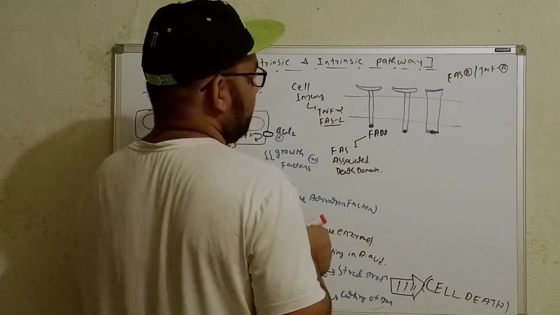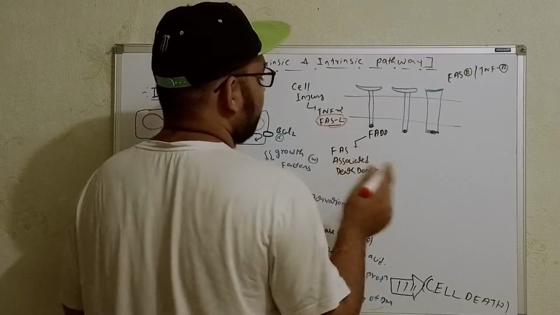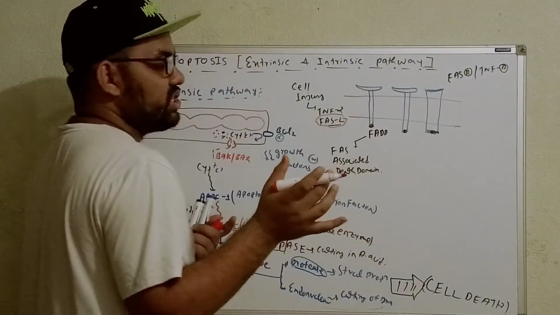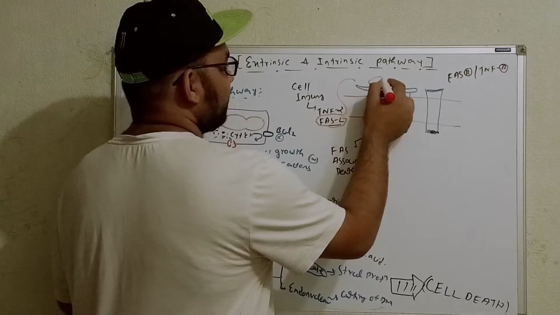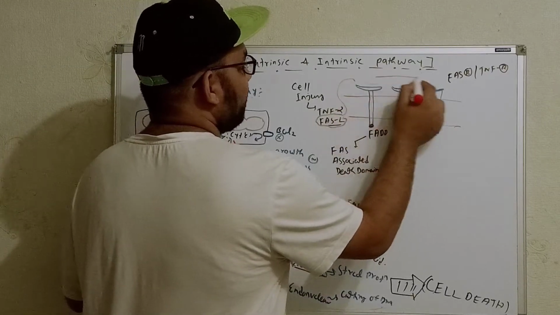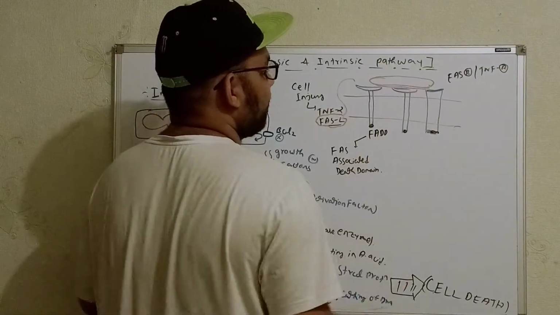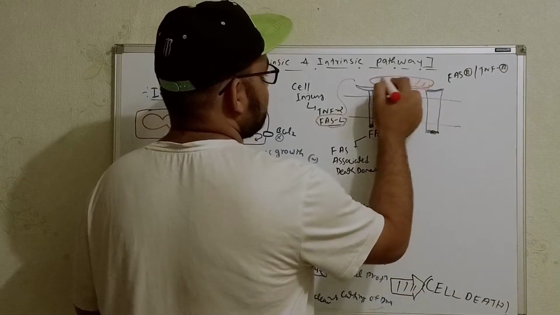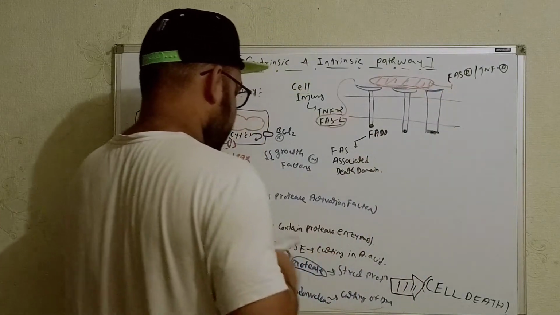Okay. Now see, whenever the TNF alpha and the Fas ligand are secreted, whenever the cell is getting injured, at that time this Fas ligand will come over here just like this, and for example, it will bind with the 3 receptors over here. So as a result, we will see trimerization of the receptors.